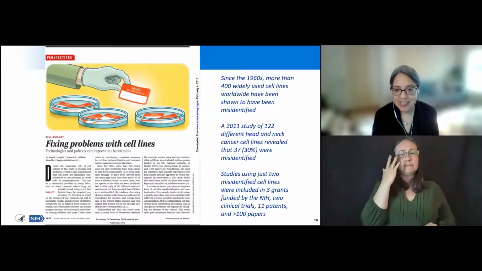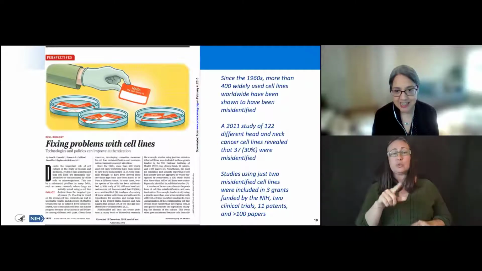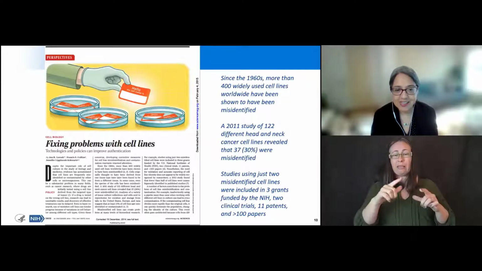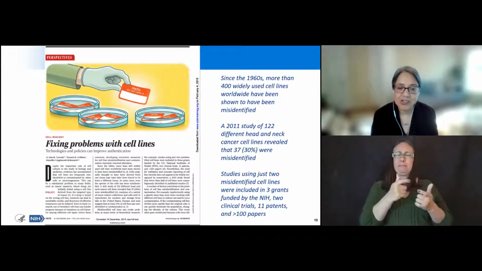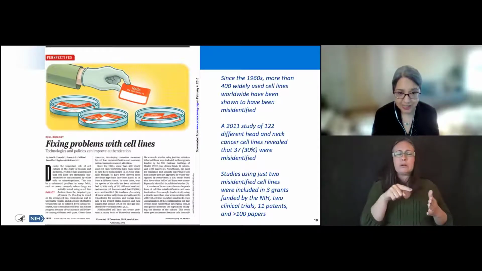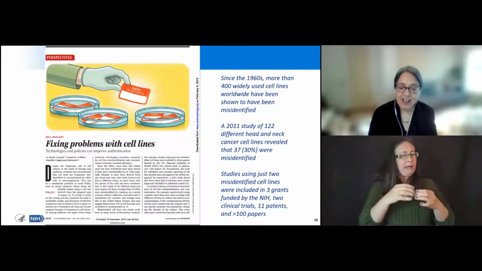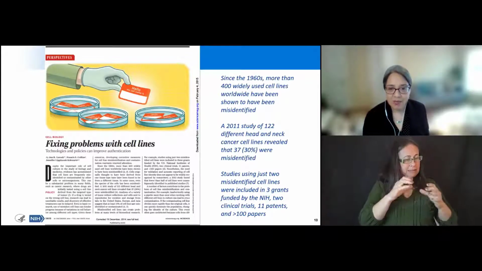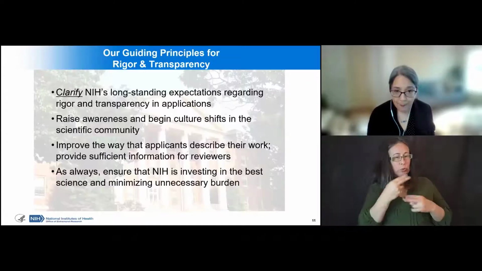A 2011 study of 122 different head and neck cancer cell lines revealed that 37, or 30%, were actually misidentified. So this is a big problem. We want to make sure that researchers are regularly checking their cell lines to make sure that they are working with the cell lines that they believe they are. This informed part of the policy that I'm going to describe now.